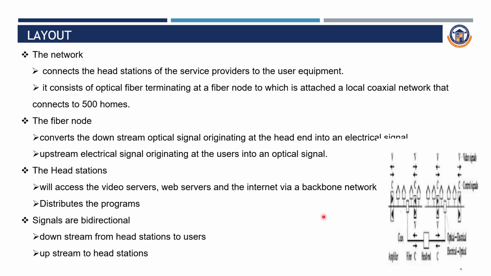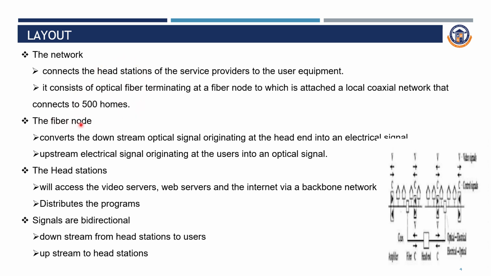This is the layout, a brief introduction of the layout. The network has common head stations which provide the signals to the individual services through the distribution boxes, and the signals can be passed on through optical fibers. This optical fiber network can be connected to the 500 ohms.